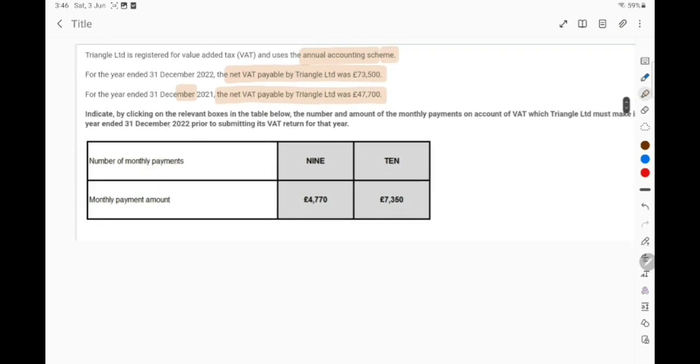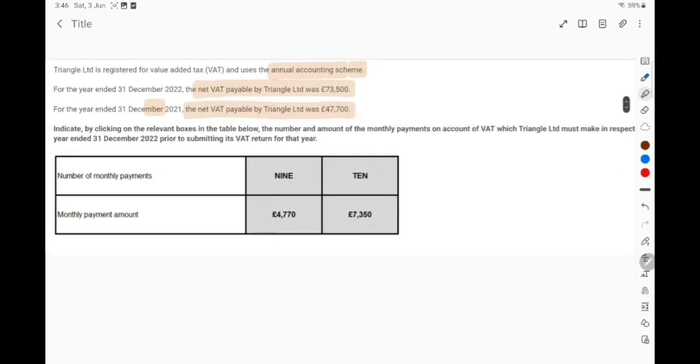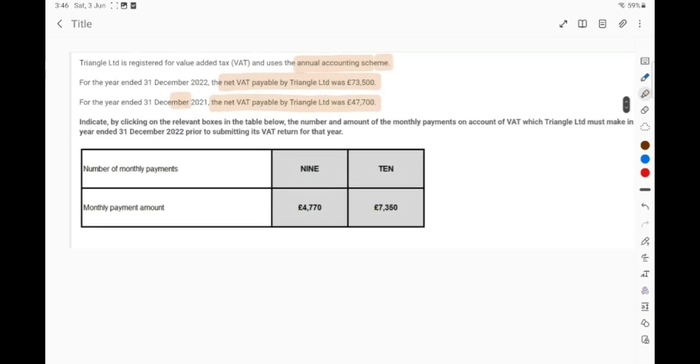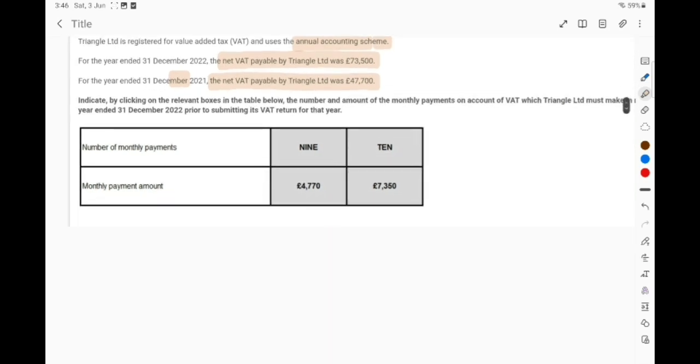Indicate by clicking the relevant boxes in the table below the number and the amount of monthly payment on account of VAT which Triangle Limited must make in respect of the year ended 31st December 2022 prior to submitting its VAT return for that year. So it requires your knowledge of the rules that there are 9 monthly payments and the monthly payment is 1/10 of the previous year's amount.